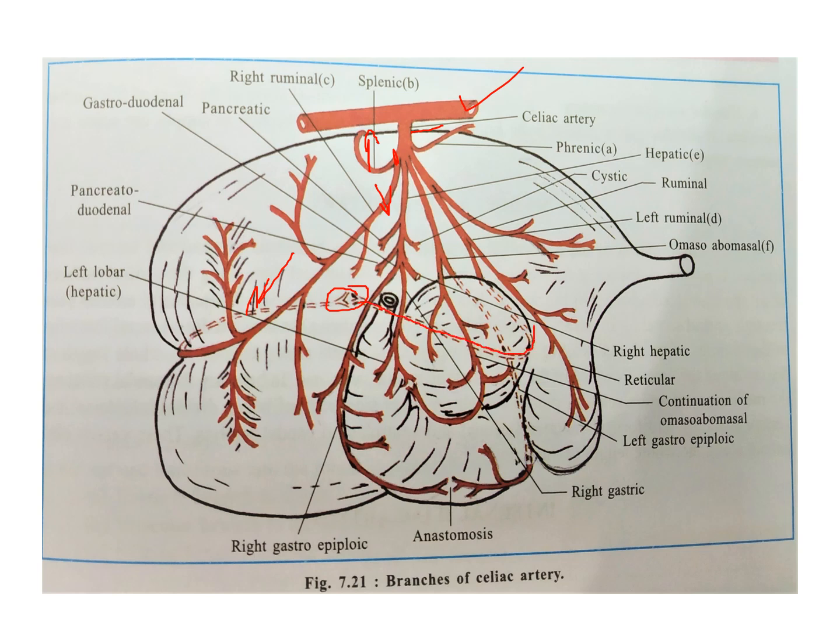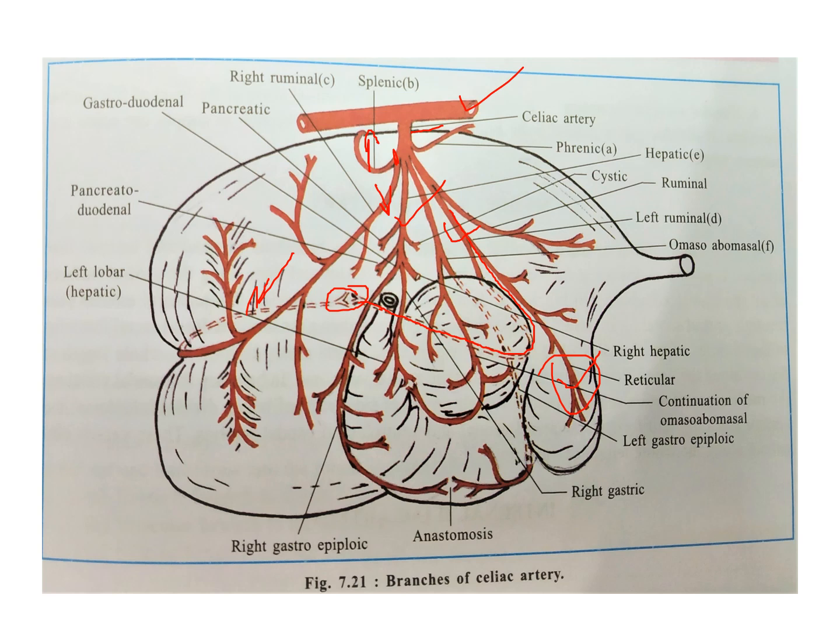This is the left ruminal artery. The left ruminal artery also gives off a branch known as the reticular branch, which supplies the reticulum. This is the hepatic artery, which gives off different branches: pancreatic, cystic branch, and gastroduodenal, which divides into pancreaticoduodenal and right gastroepiploic artery.